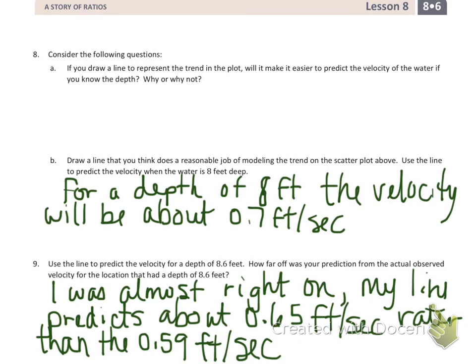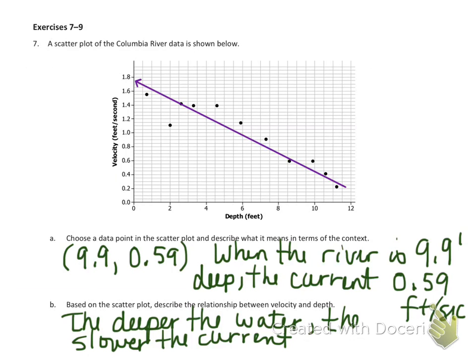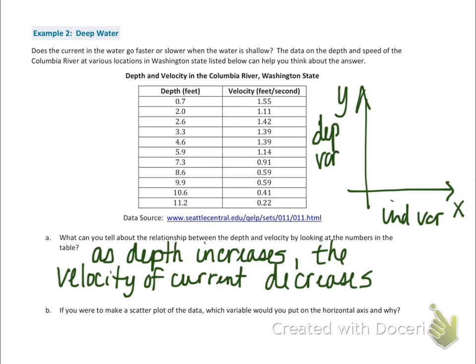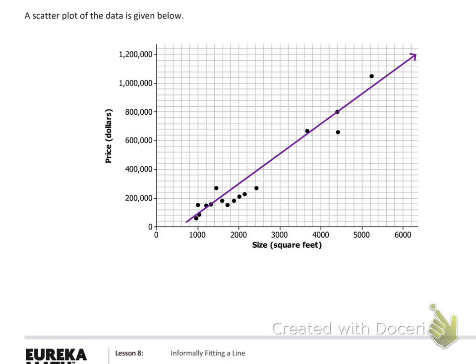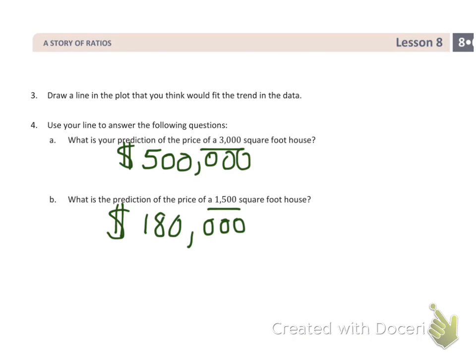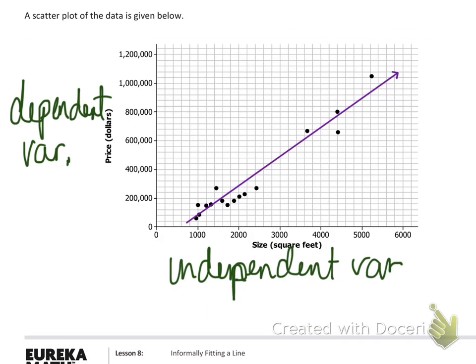Okay, so let's look back at some earlier examples. One thing that we're seeing again and again is that by making the scatter plot from the table of values, it tells kind of the story of the data much more clearly.